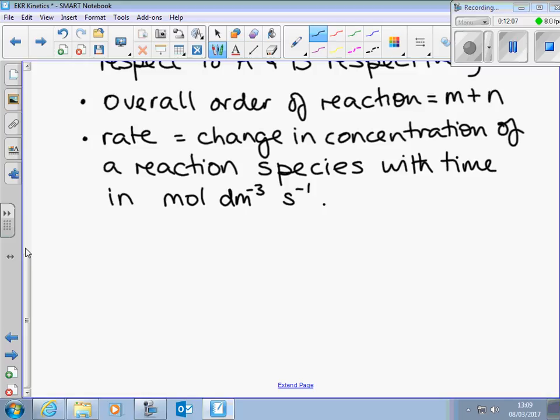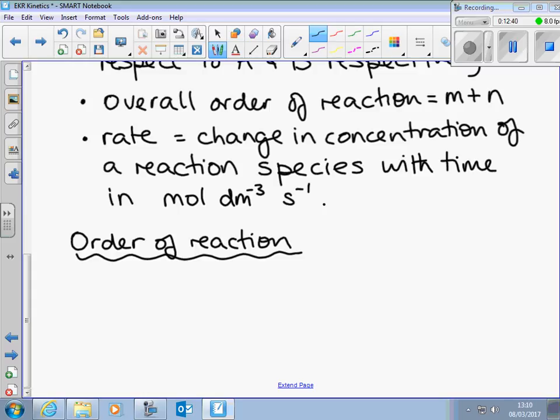So this business about order of reaction. Let's sort of head this a bit so you can see where we're going with it. It might even have been worth starting a new screen for it, but this will do. Obviously, the simplest reaction where you've got reactants producing a product, you'd have two reactants.